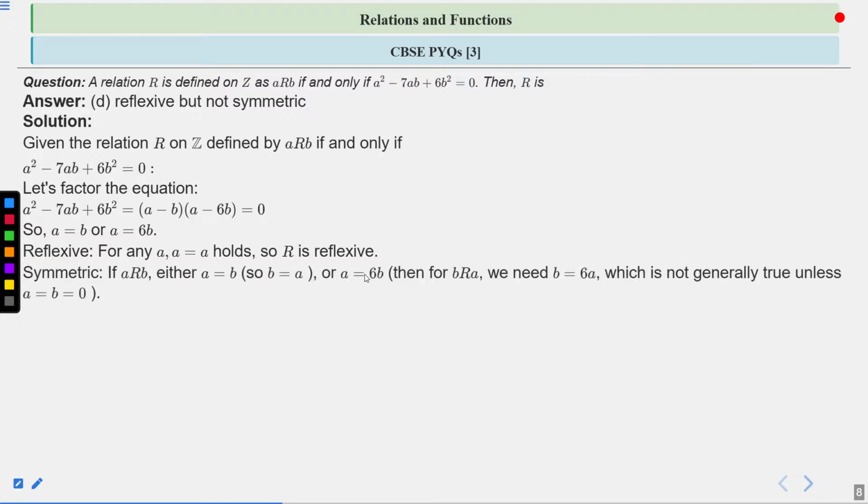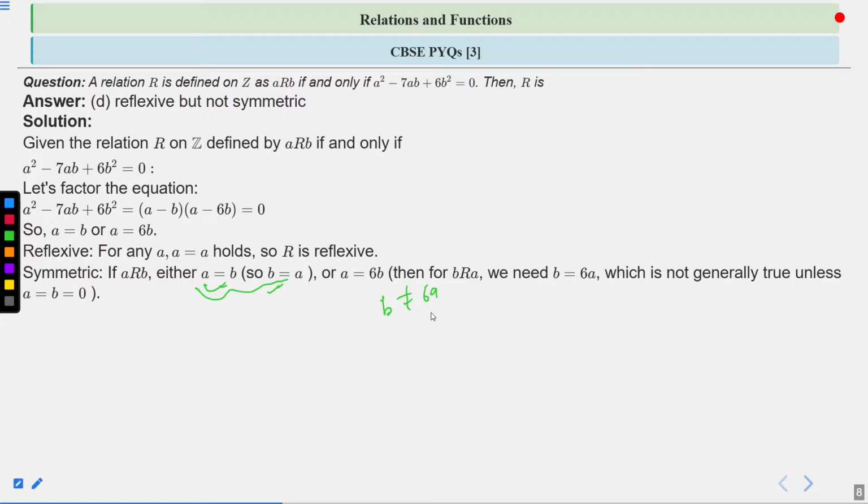Now let us check for symmetric. If A related to B, that is A is equal to B, so B is equal to A. So for this condition it is symmetric. But if A is equal to 6B, then B is not equal to 6A.